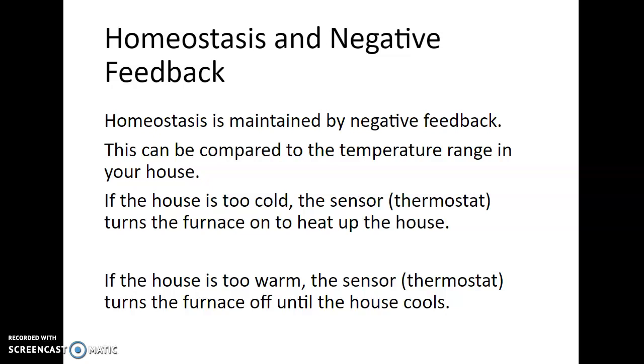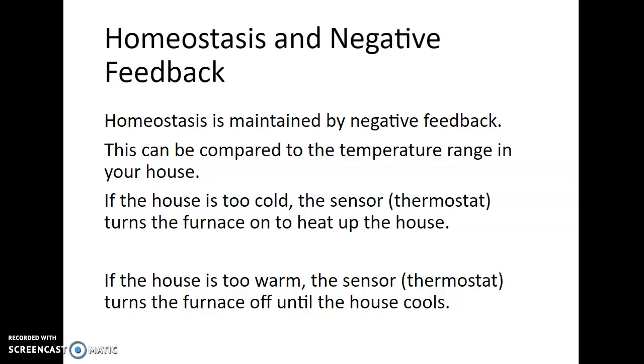So it's maintained by a negative feedback system. And this can be compared to the temperature range within your house. So if you think of your house and you think of your thermostat, if your house gets too cold, the sensor, the thermostat, will sense that it's too cold and initiate an action.